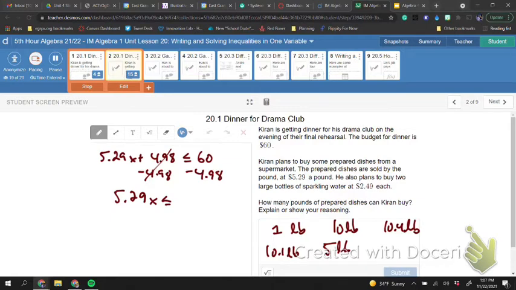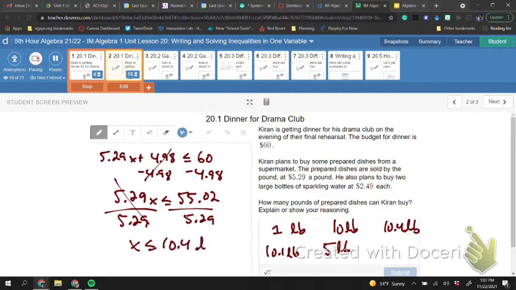I know I'm buying those 2 bottles for $4.98, which means I have $55.02 I can spend on the prepared dishes, right? You just gotta divide. So if I divide that by $5.29, that means in order to stay at or below budget, X needs to be less than or equal to 10.4 pounds.